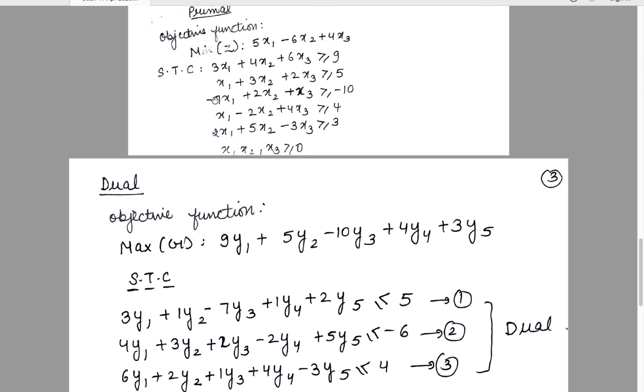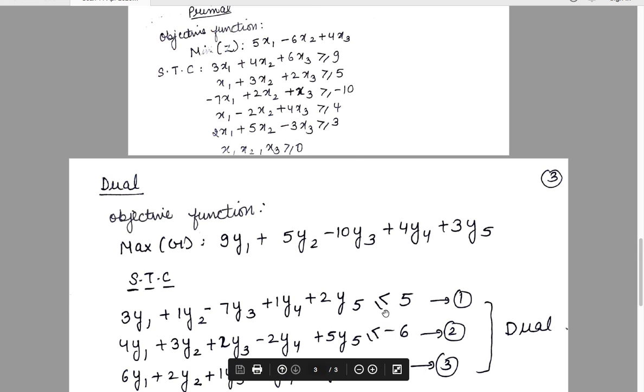These are 3, 1, minus 7, 1, 2. These will be written in the first constraint row wise. Okay, 3, 1, minus 7, 1, 2 with new variables: 3y1 plus 1y2 minus 7y3 plus 1y4 plus 2y5.